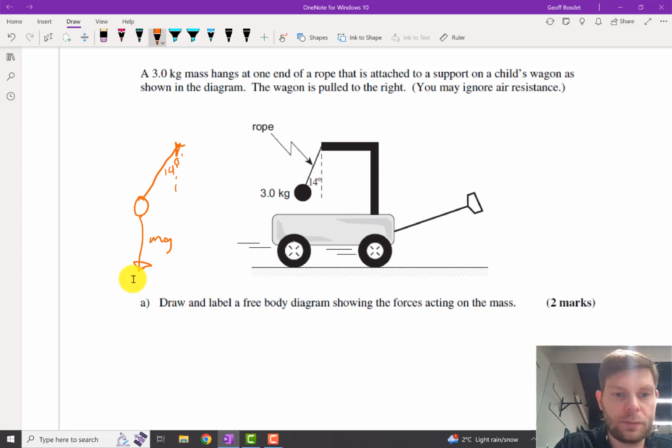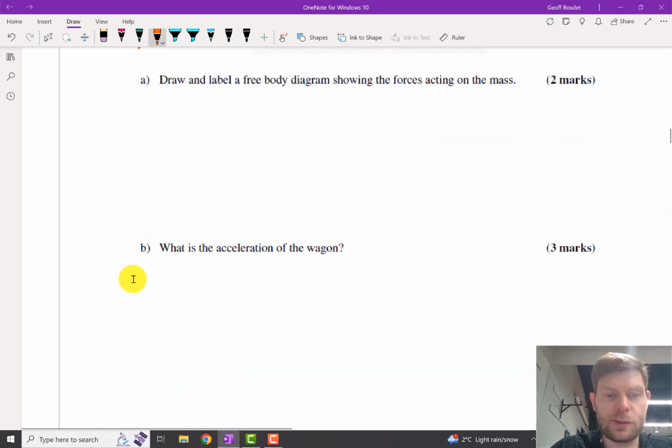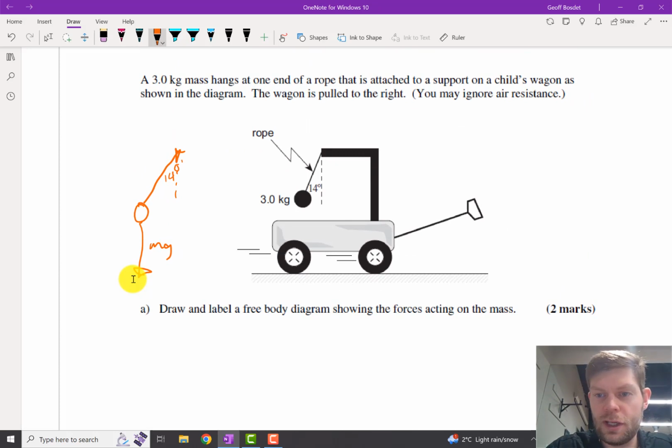Free body diagram done. Now, if I component diagram this, because the next thing I'm supposed to figure out is the acceleration, I'm going to break this into two components. I'm going to call this Fx and Fy. If I component diagram it, it looks like this: Fy, Fg, and then Fx.